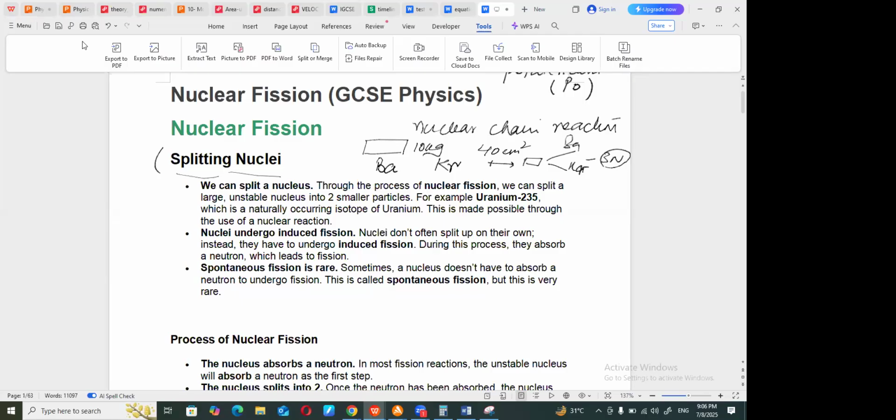Basically, in this case, the nucleus that is broken up is uranium-235, and when it is broken down, you will get a fission reaction, right?